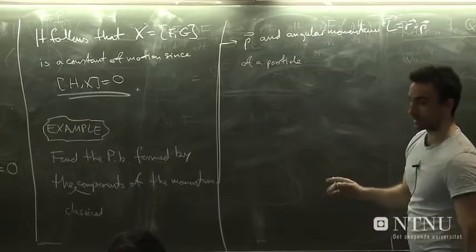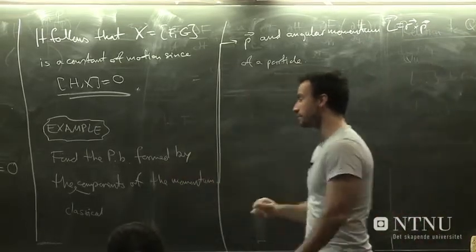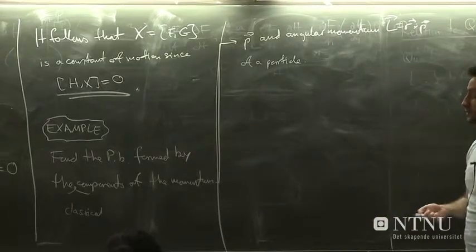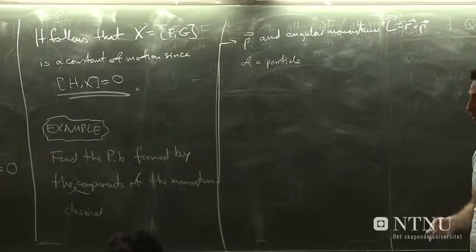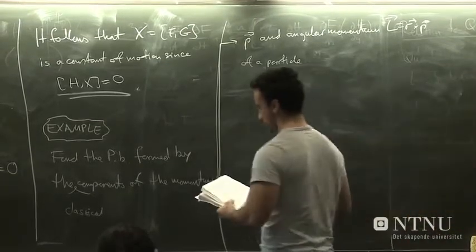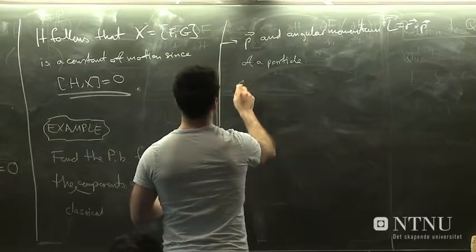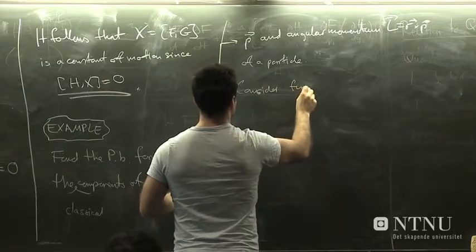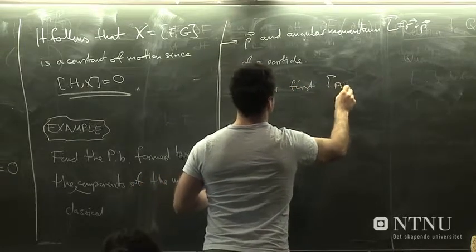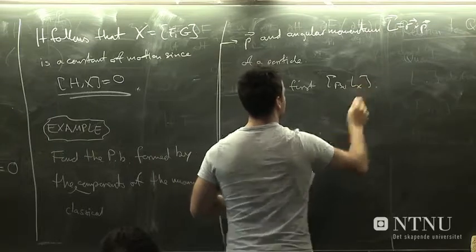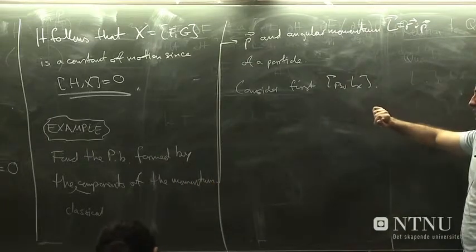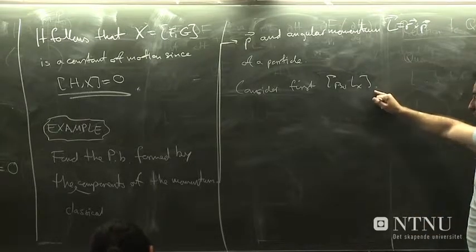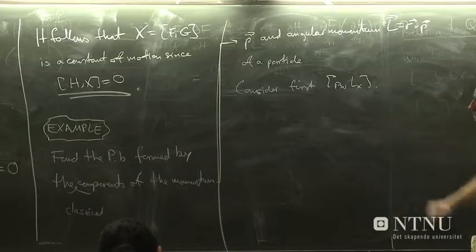So let's have a look at the Poisson bracket PB, just an abbreviation, formed by the classical components of the momentum and angular momentum of a particle. So consider first, for instance, just the first component, px Lx. And I'm here dropping the subscript just for brevity.